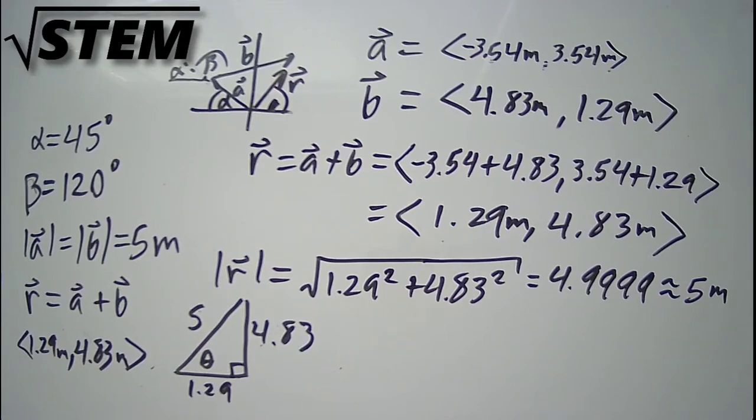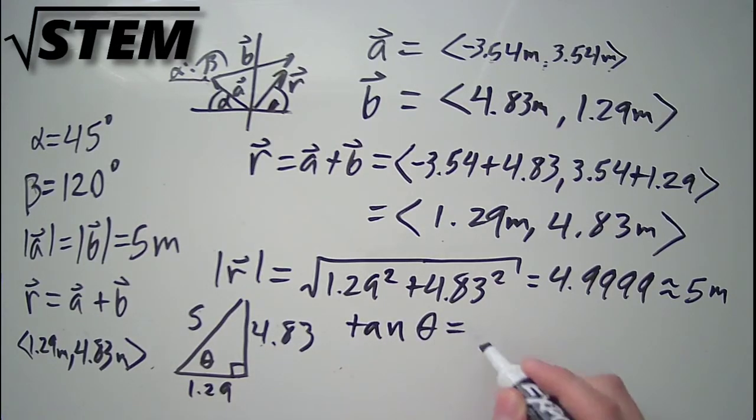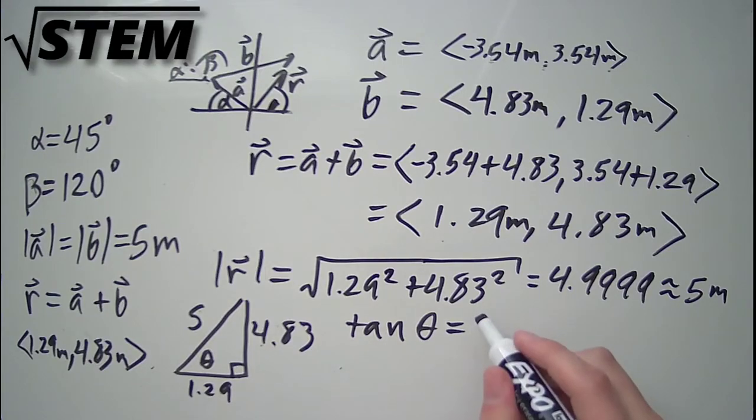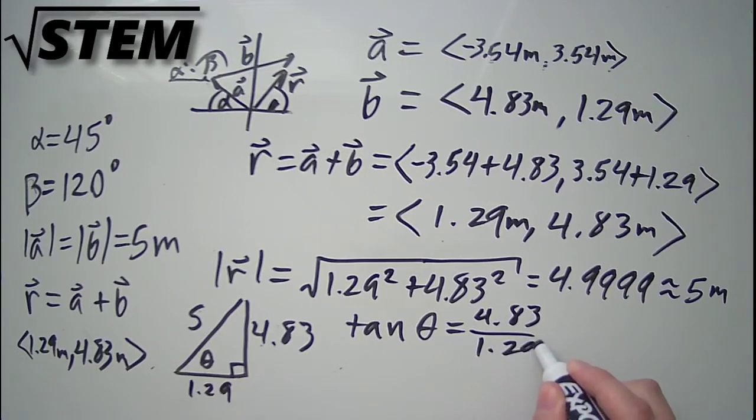Now you can use any trigonometry function that you want to use. I'm going to use tangent. The tangent of theta is equal to the opposite over the adjacent. We get that from our TOA, T-O-A, opposite over adjacent. 4.83 over 1.29.